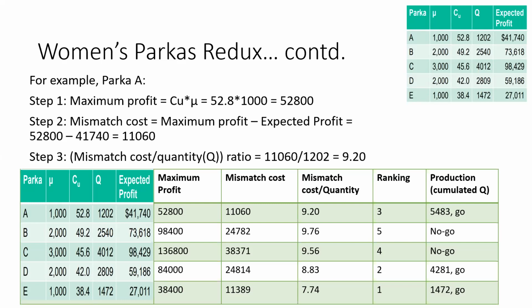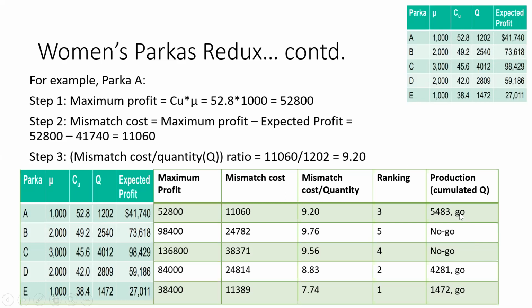Okay. And then you need to calculate, it's around 5,000 units to be produced. So the first is Paka E, 1,472, it's a go. And then the first plus the second production, total is 4,281, and it's a go.